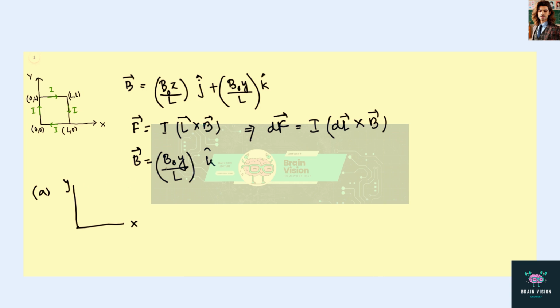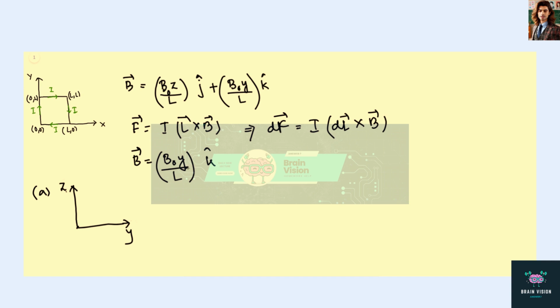So there is no need for the x-axis to be here. We are going to use the y and z axes, because those are the only components contributing to the magnetic field here. Z is the direction and y is the distance with which the magnitude of the magnetic field changes.